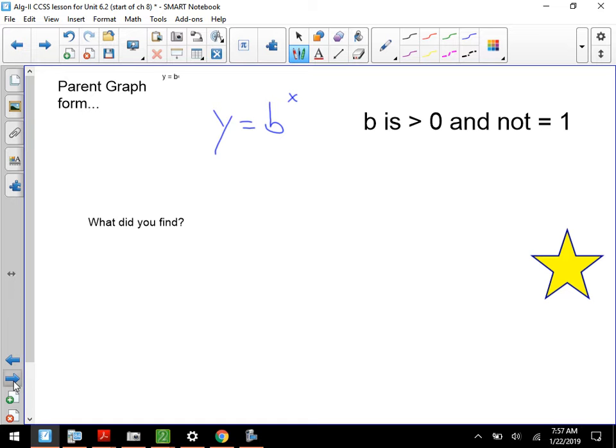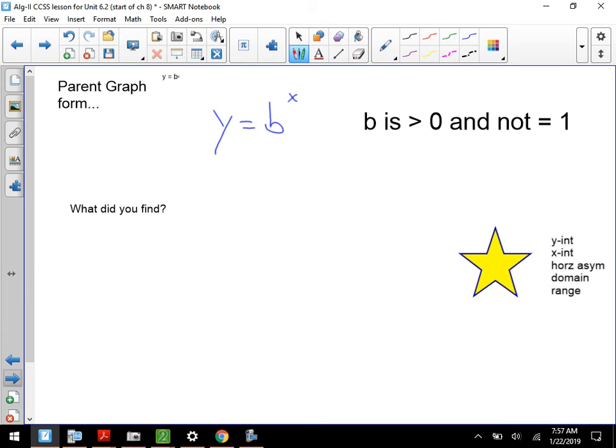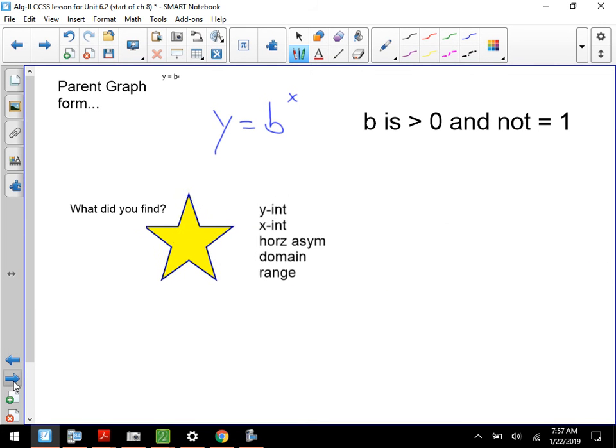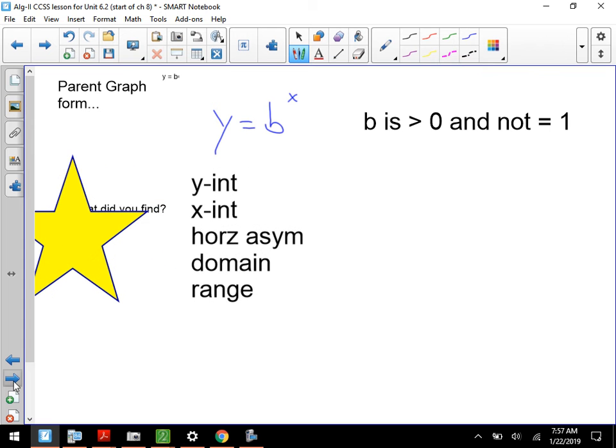Now, what this allows us to do is, when we have these exponential functions, we get this bit of information. We can figure out what the x-intercept is, what the y-intercept is, where's the horizontal asymptote, what's its domain, and what's its range. So going through these things, y-intercept is what? How do you find a y-intercept? Where is that located?